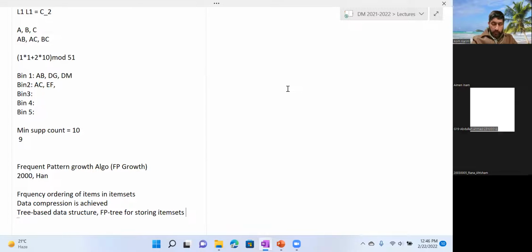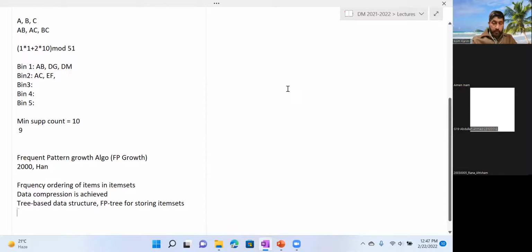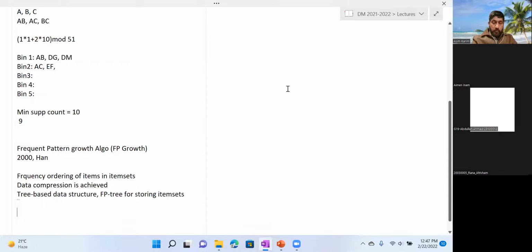We'll discuss that as well. Frequency-based ordering of item sets is utilized while entering item sets into this tree, and using the tree, it does further processing. Through the tree, it can compress the whole set of item sets. And hopefully, if this fits into memory, then you're done. You don't need to do any further scan of the database.